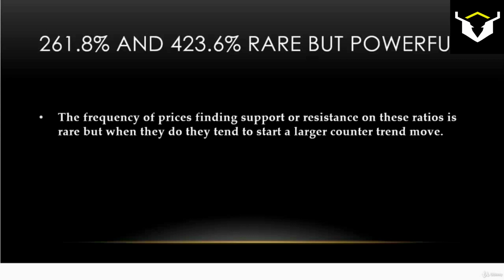These levels are rare in the market. The frequency of finding support or resistance on these ratios is rare, but when they do, a trend starts in a larger counter-trend move. Once prices find support or resistance on these levels, the counter-trend move that follows is much stronger and much more powerful.